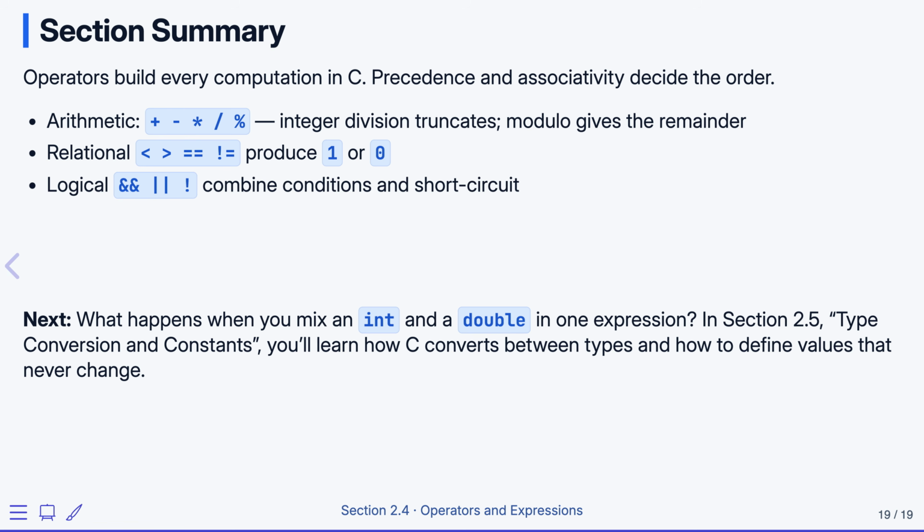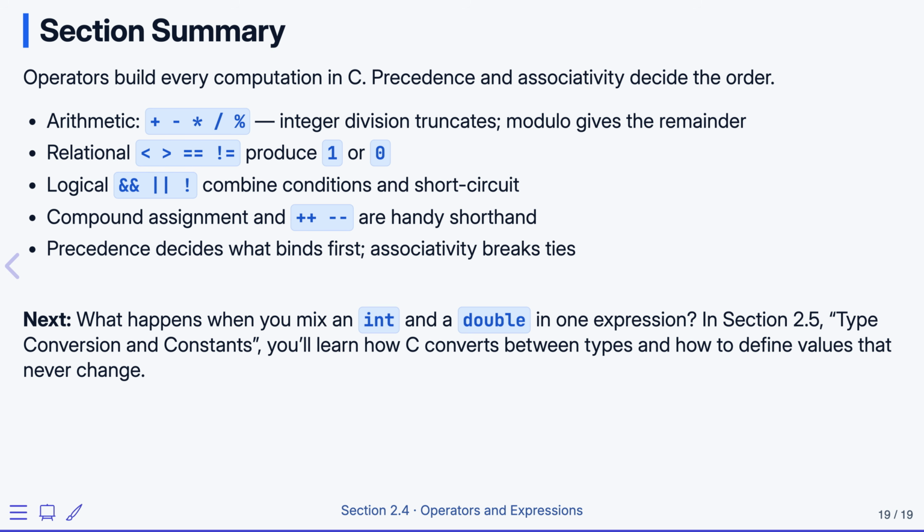Logical operators combine conditions, and they short-circuit to avoid extra work. Compound assignment and the increment and decrement operators are handy shorthand. Precedence decides which operator binds first, and associativity breaks ties when precedence is equal. When you are unsure, use parentheses, and never confuse a single equals sign with a double equals sign.